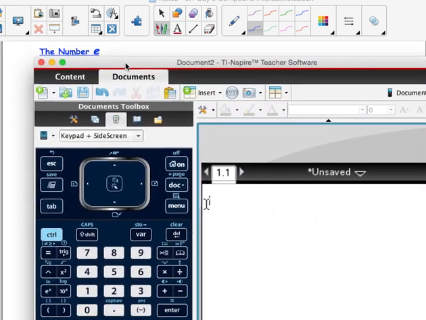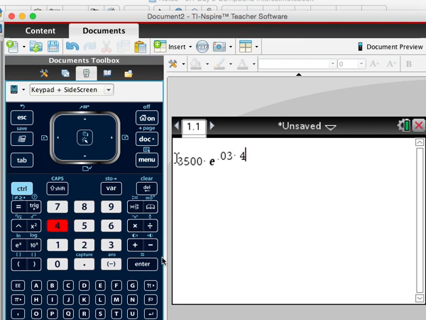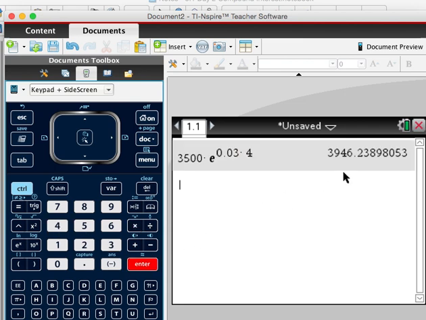So let's pull over the calculator and we'll enter it in. So we have $3,500 times, I can use this e to the x button right here, e to the x, and then I'll put in 0.03, the interest rate, times 4, and hit enter, and that'll give us our solution to this problem. Another way to enter this would be to use the number e, which is located on the pi key.